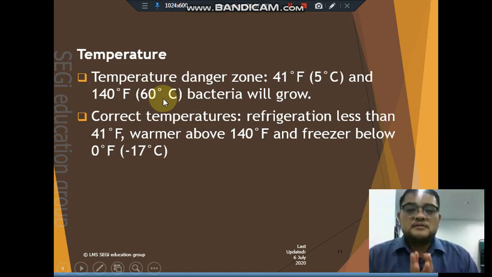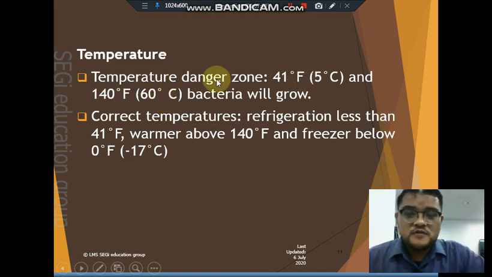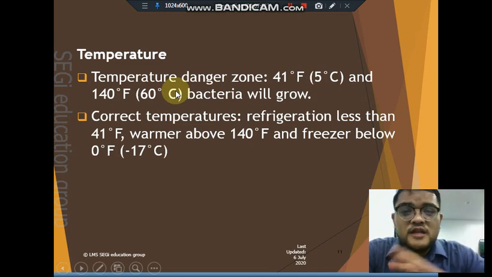Guys, room temperature is what? Anyone know what room temperature is? Room temperature is 25. So any food that is left between 5 and 60, which includes our room temperature of 25, will deteriorate or grow bacteria very rapidly. So any food that you put at room temperature will deteriorate very fast.